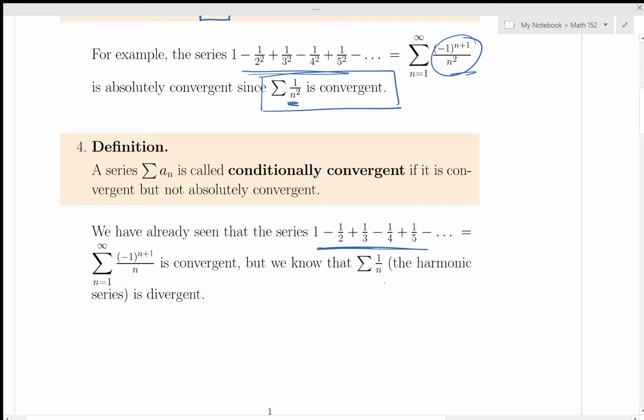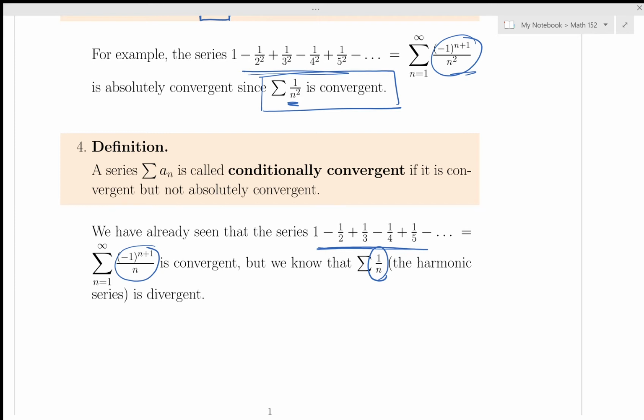However, if we take the absolute value, I get this thing here, and we know the harmonic series is divergent. So the alternating harmonic series converges, but not the harmonic series. That's different.